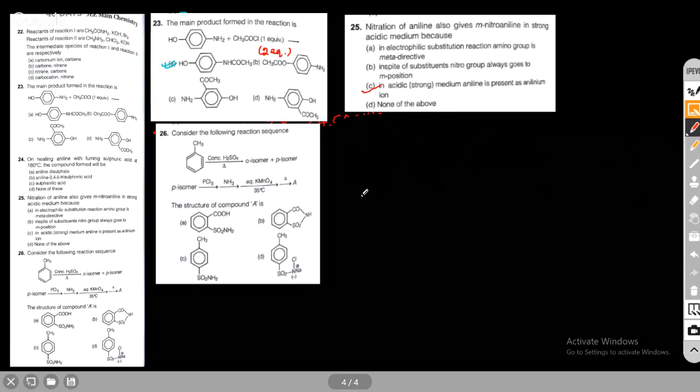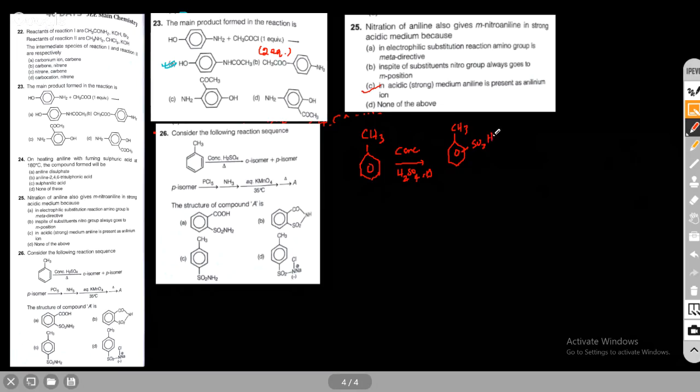See, first of all, we have toluene. With conc H2SO4, you'll get ortho substituted as well as para substituted product, which is CH3 here, and we have SO3.